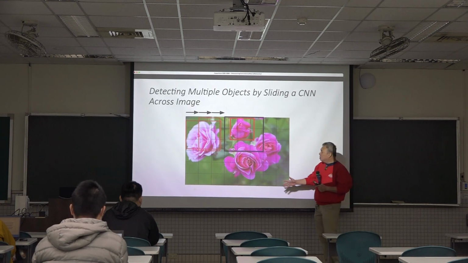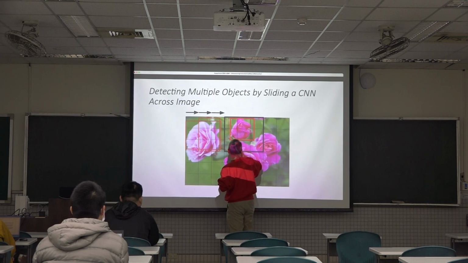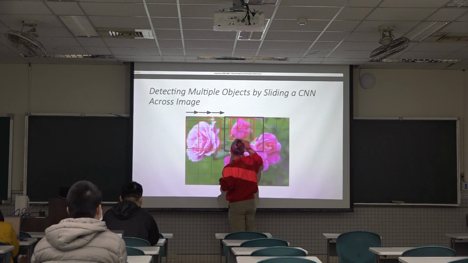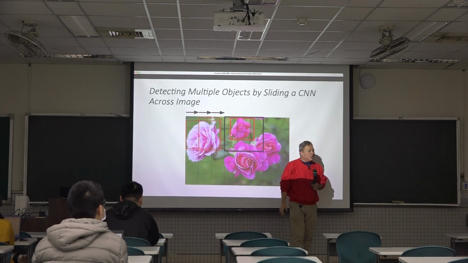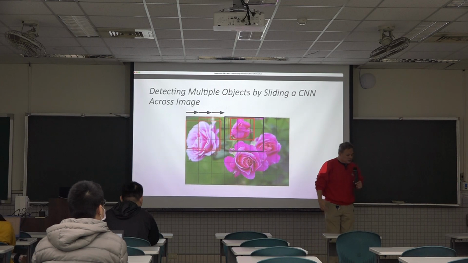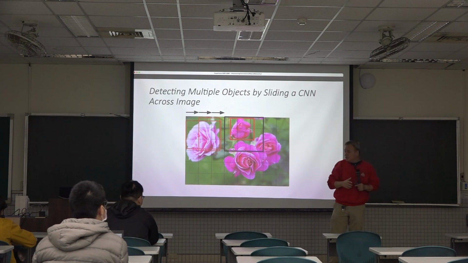And when the 3x3 window moves several units to here, this flower will be identified with a bounding box, say like this. Because this is bounded pretty well, and the flower is pretty much completely in the picture, the objectness of this flower will be very close to 1.